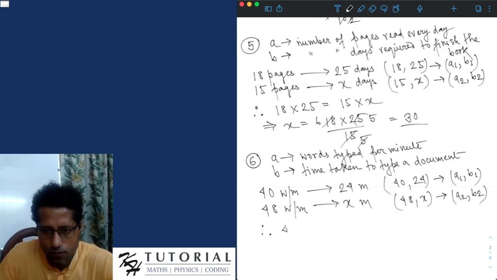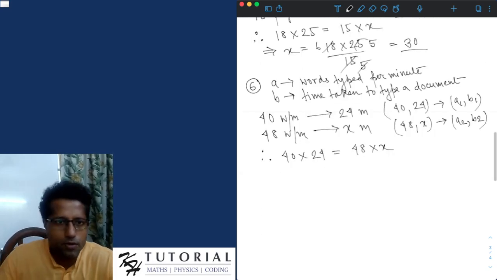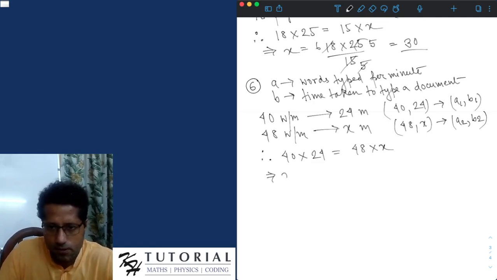So 40 into 24 will be equal to 48 into X. This implies X equals 40 into 24 divided by 48.